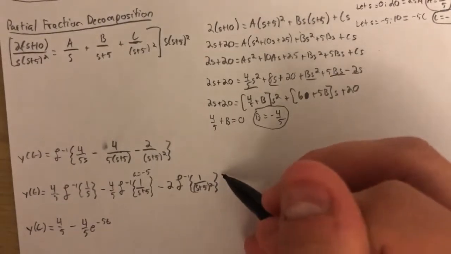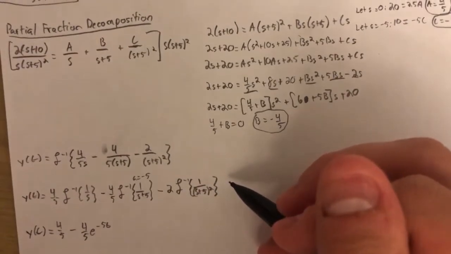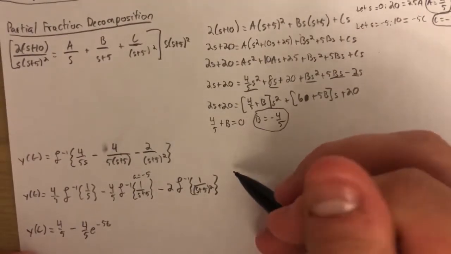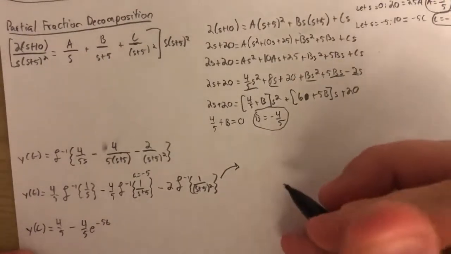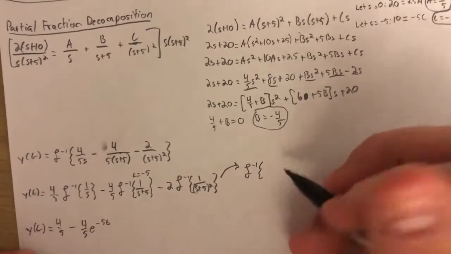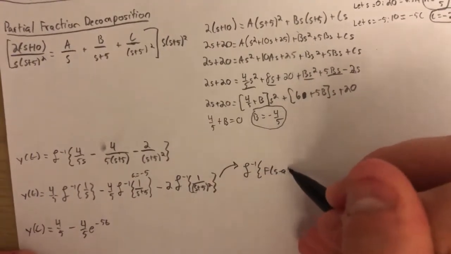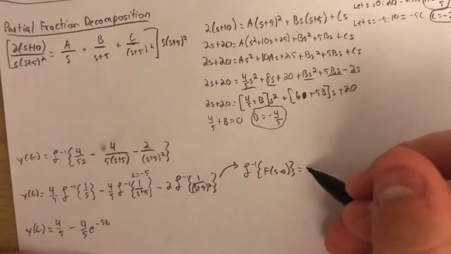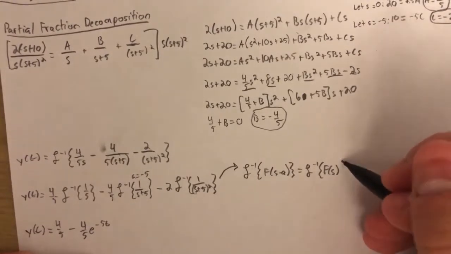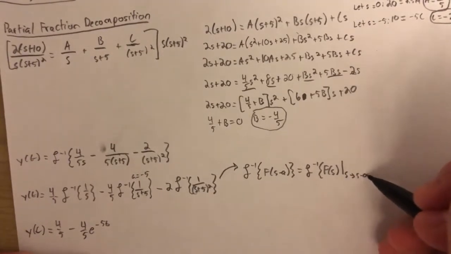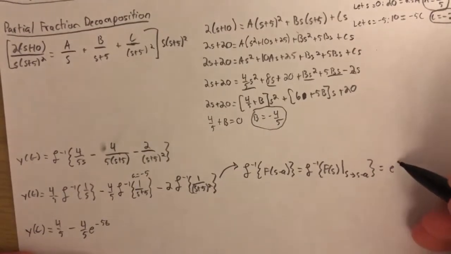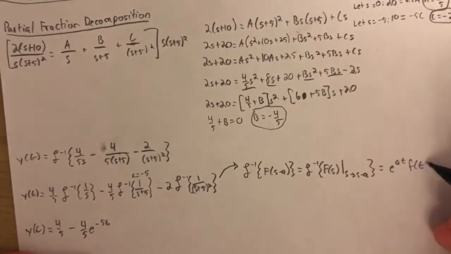Now for this last term, we have to apply the inverse form of the first translation theorem. The rule is the inverse Laplace transform of capital F of s minus a is going to equal e to the at f of t.